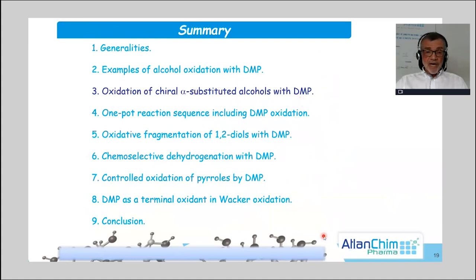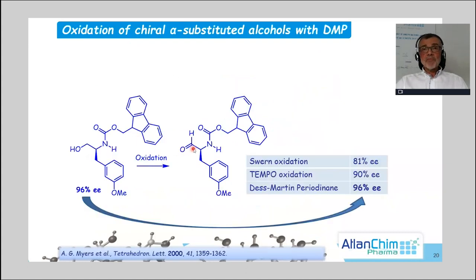So Myers and co-workers demonstrated that the N-protected alpha-amino aldehydes, such as this one, prone to epimerization at this center, could be obtained from the corresponding alcohol with less than 1% epimerization using Dess-Martin periodinane oxidation of the corresponding protected amino alcohol as presented here.